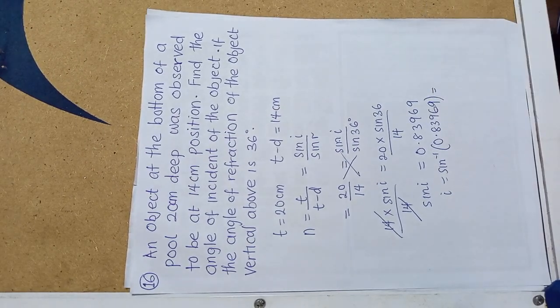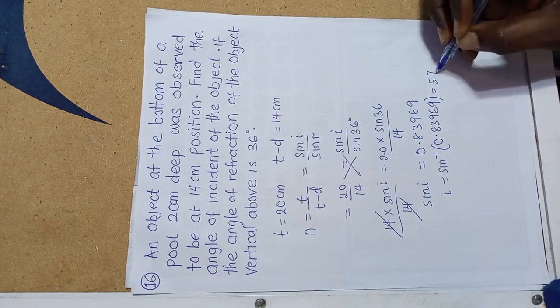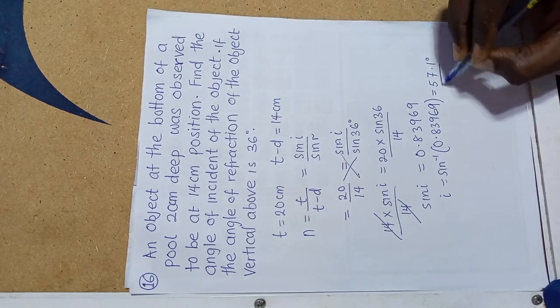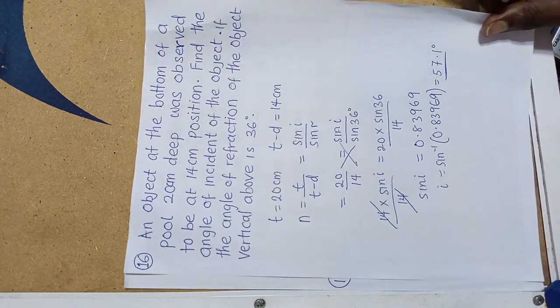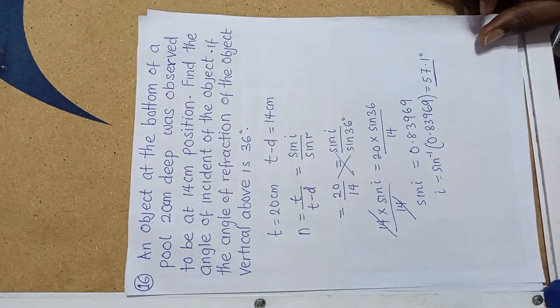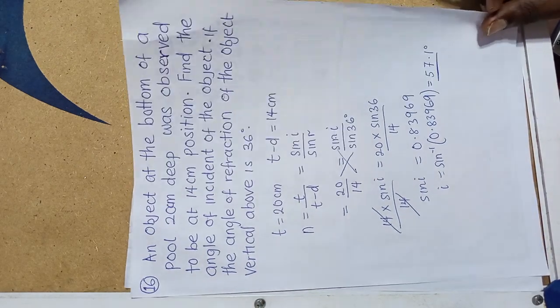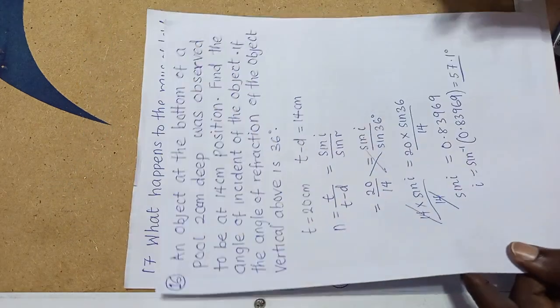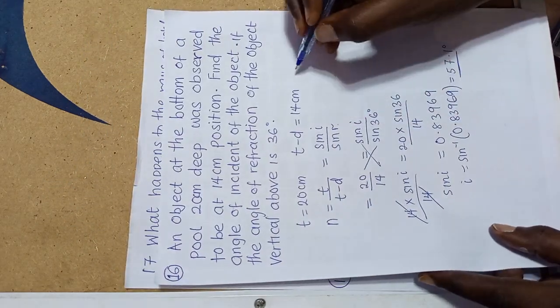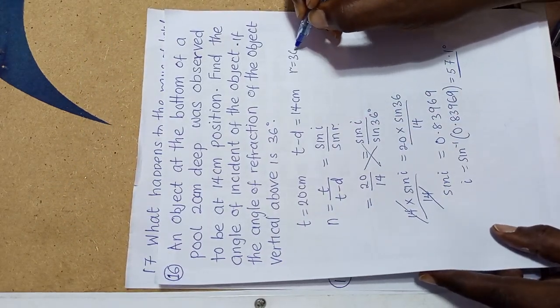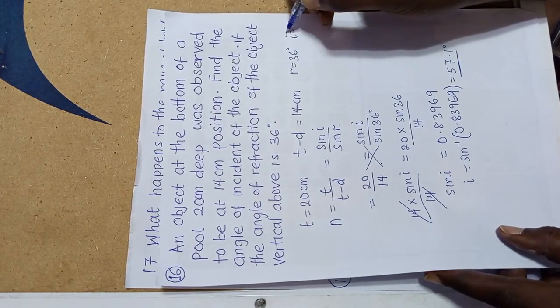Then we now have our final answer, 57.1. So that is our angle of incident of the object. So we are given angle of refraction. So you must know that angle of refraction is 36. That you are looking for, I, is unknown.